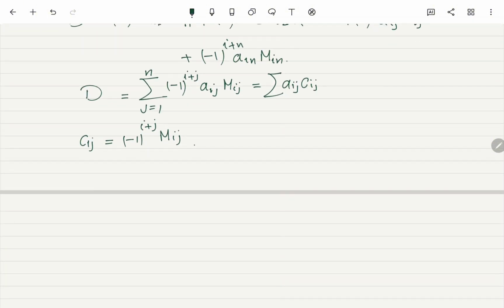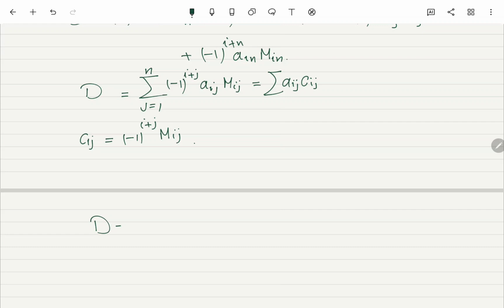Now in the same manner, D will be equal to the summation of minus 1 to the power i plus j, Aij Mij, i from 1 to n, which equals the summation of Aij Cij, i equal to 1 to n. And this is called Laplace development by minors.